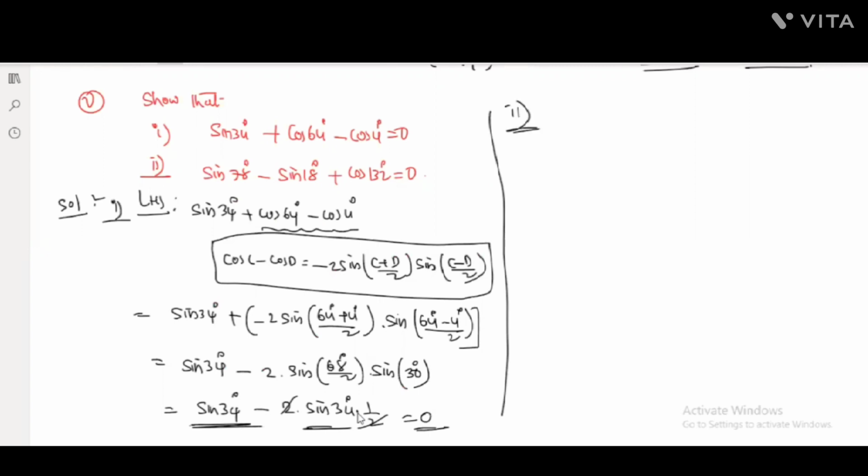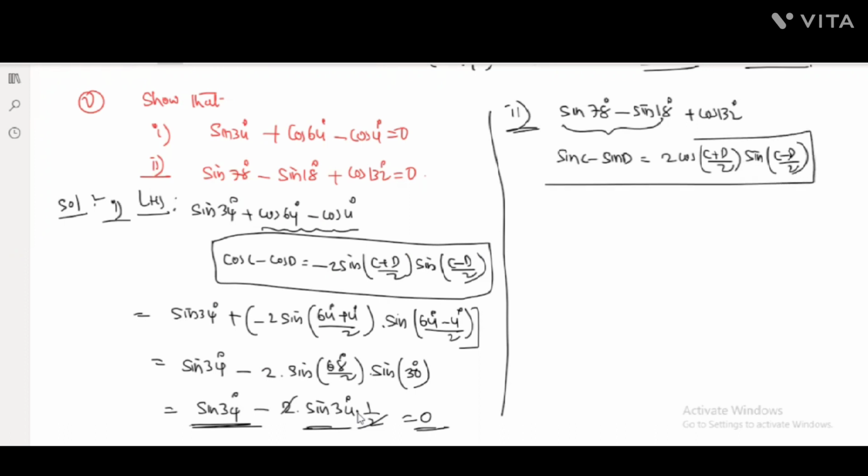In the second problem, let's see what they have given. Sine 78 minus sine 18 degrees plus cos 132 degrees. Here these two are the same ratios, so we can apply the sine C minus sine D formula here. We'll get 2 cos (C plus D by 2) sine (C minus D by 2).